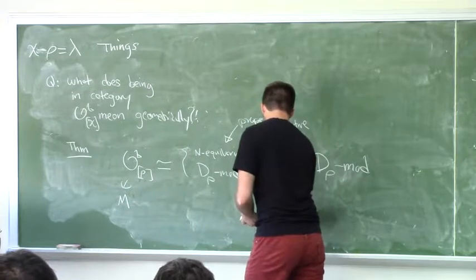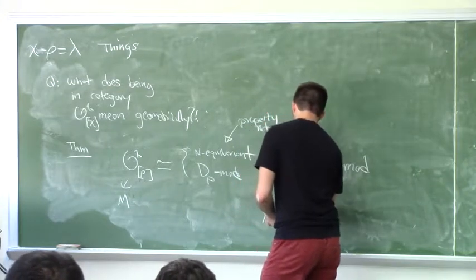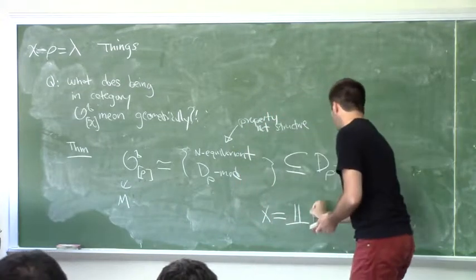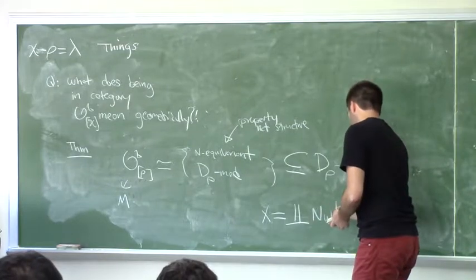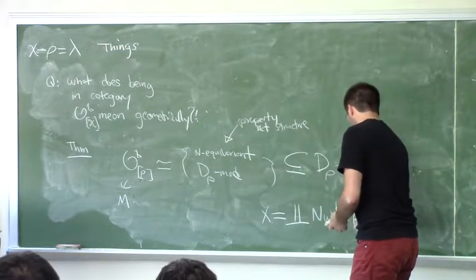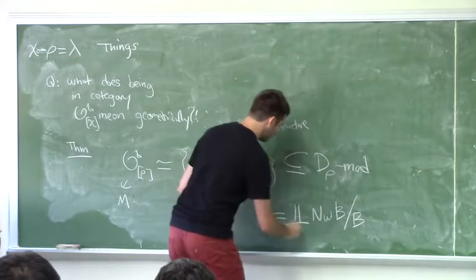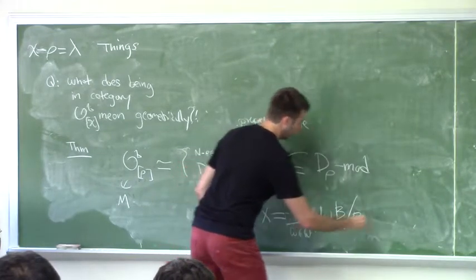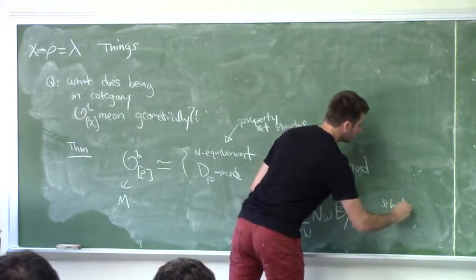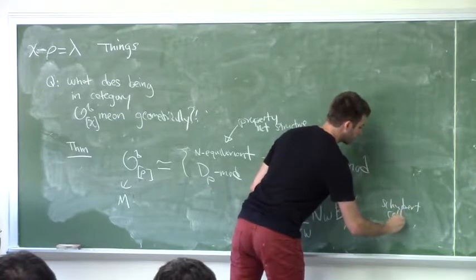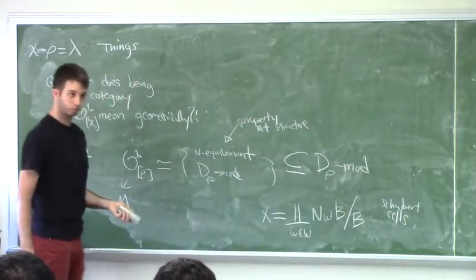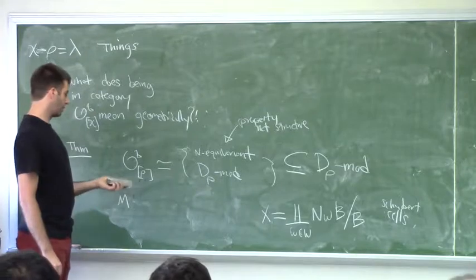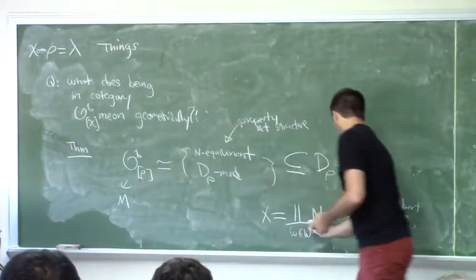X can be written as double cosets like this, so you can write it in terms of its N-orbits. These things are called Schubert cells. So let me give this thing a name.